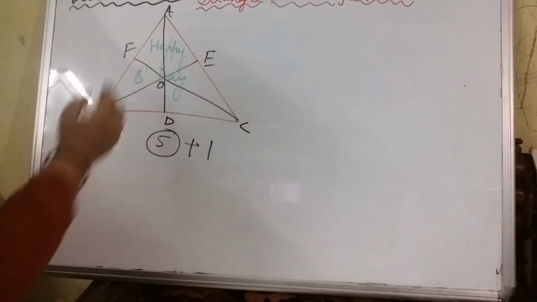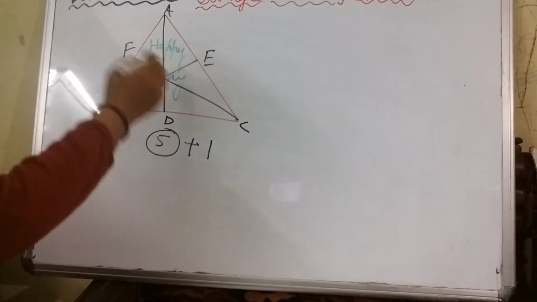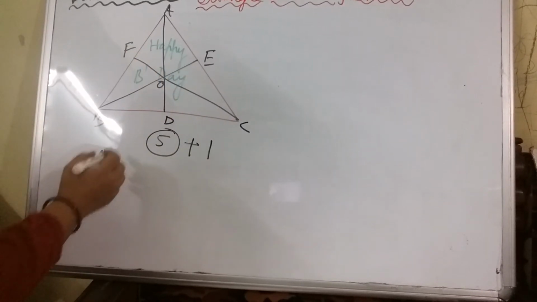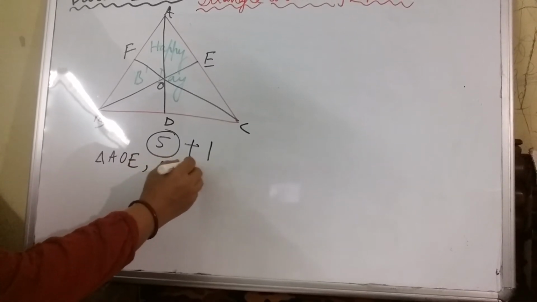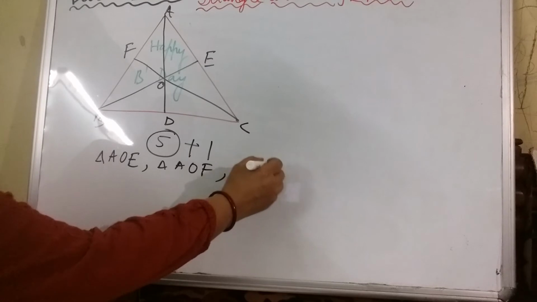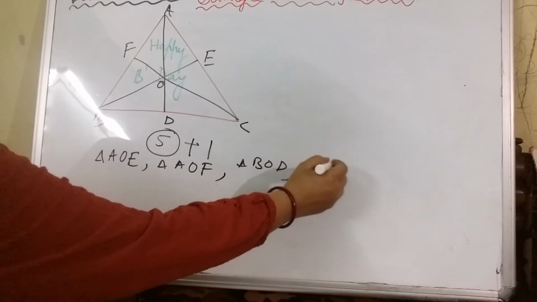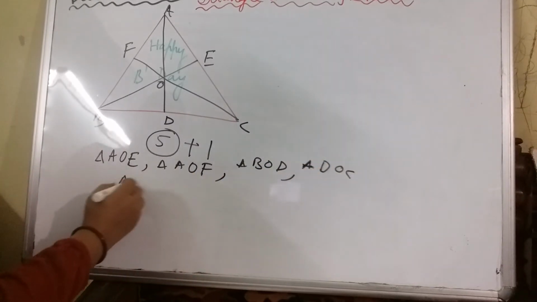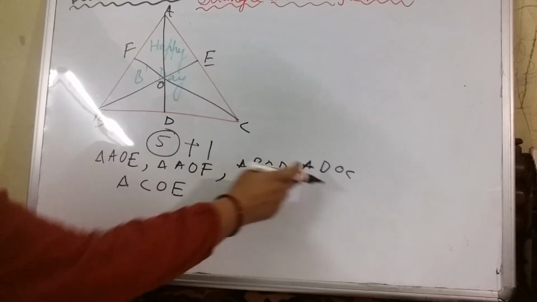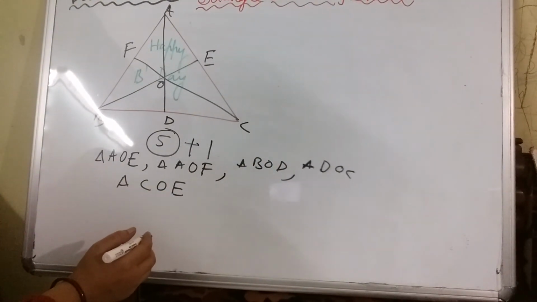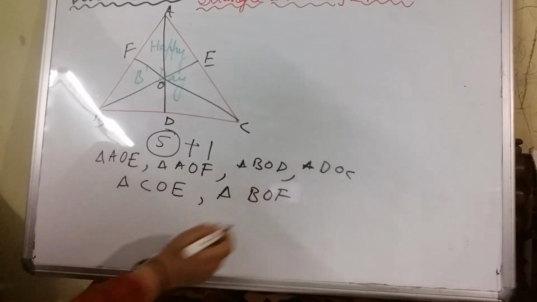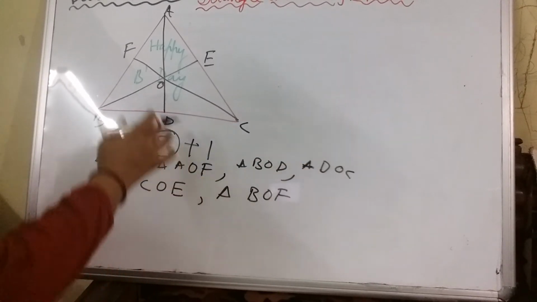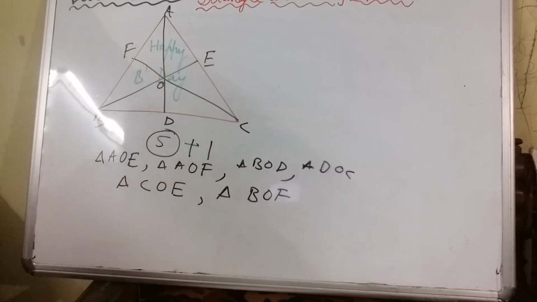So this cake is now divided, and if you notice carefully, all parts are triangular in shape. Triangle A, O, E, triangle A, O, F, triangle B, O, D, triangle D, O, C, triangle C, O, E, and triangle B, O, F. So these 6 triangles are equal in measure.